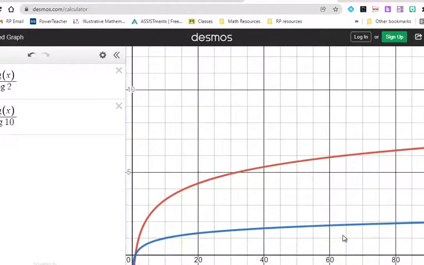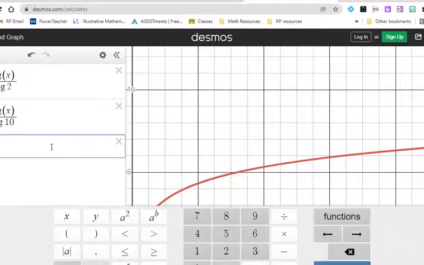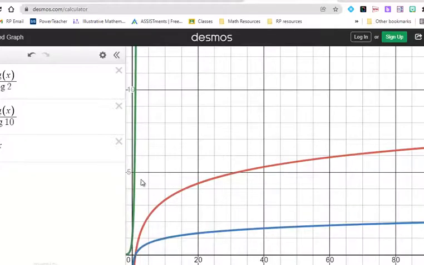Check that out. So a larger base has a shorter graph. That's pretty interesting. And that makes sense though, because if I were to think about exponential functions, 10 raised to the x power is growing so much faster.